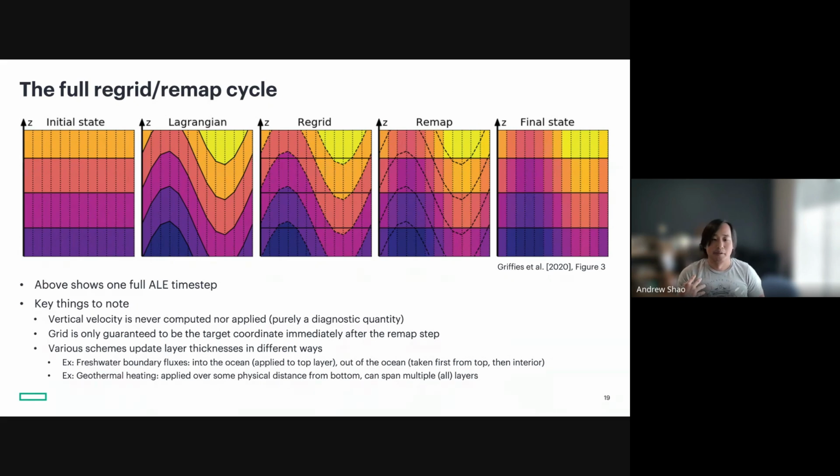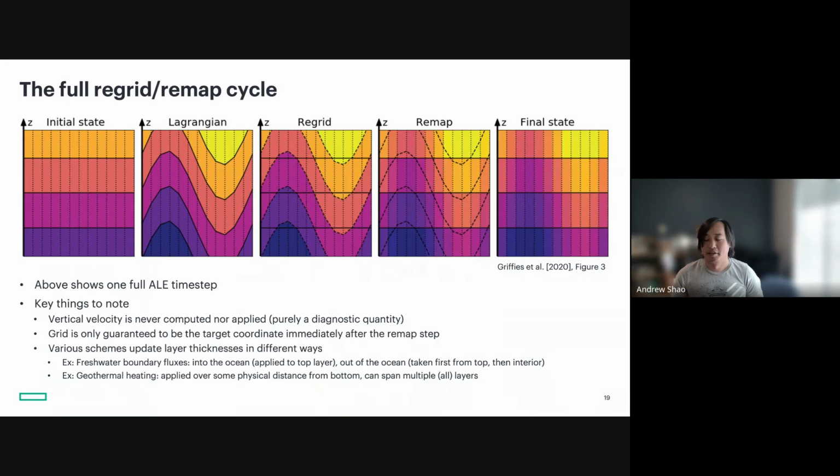And again, there's some things that this impacts. So, some things that arise out of this is that we then also have to make sure that our schemes are robust to these changes and this potential vanishing of layers in between steps. So for example, for freshwater boundary fluxes, if they go into the ocean, we always just apply a flux to the top layer. But when we take out, for example, evaporation or during ice formation, right, that flux is actually taken first from the top, but then we actually have to progressively go down in the case that there's more thickness flux that's implied from interior layers.